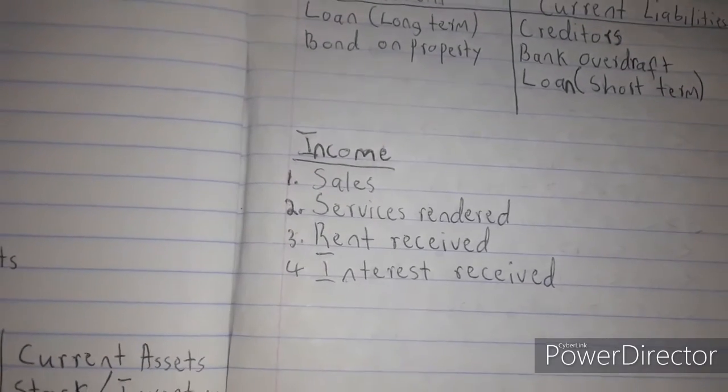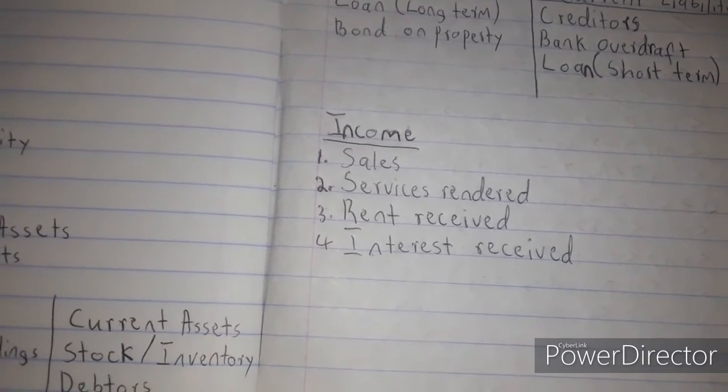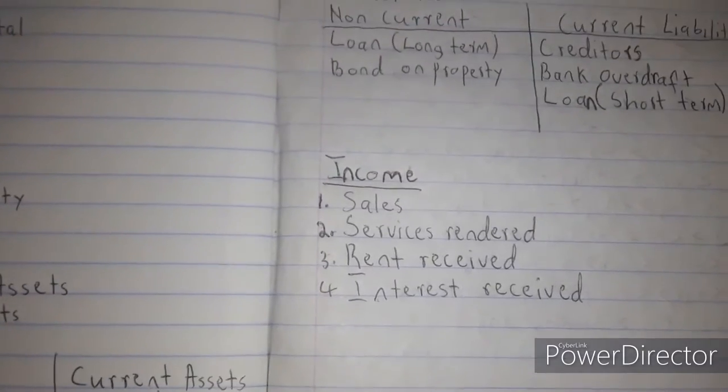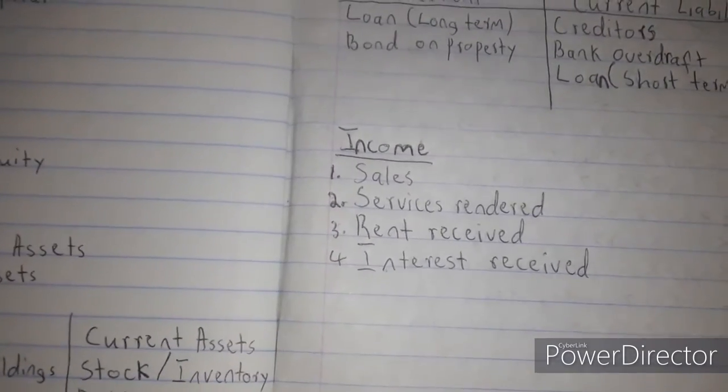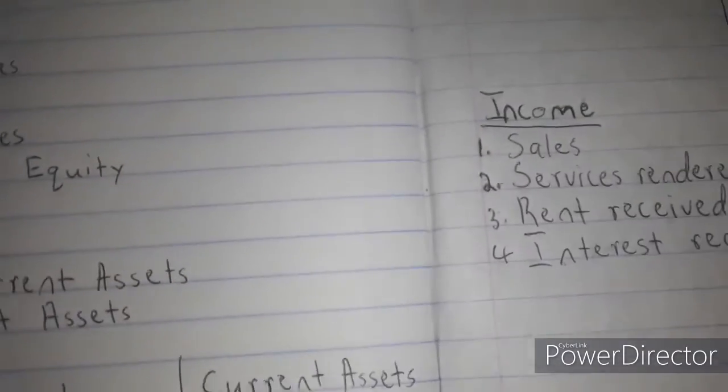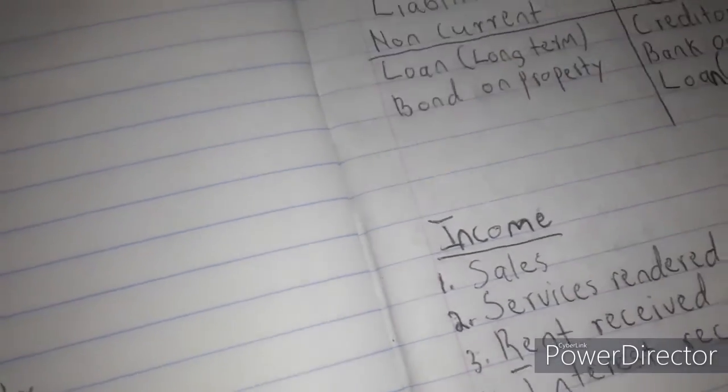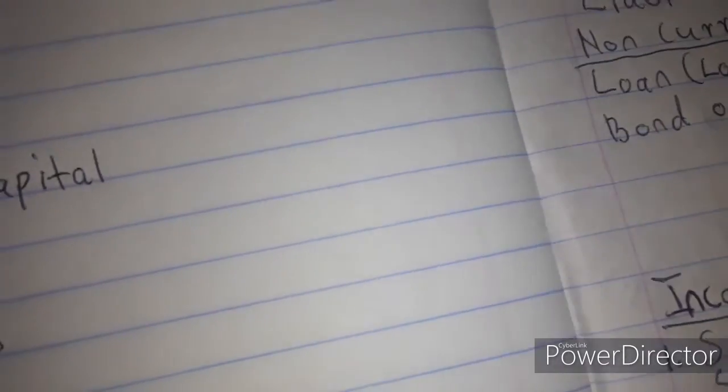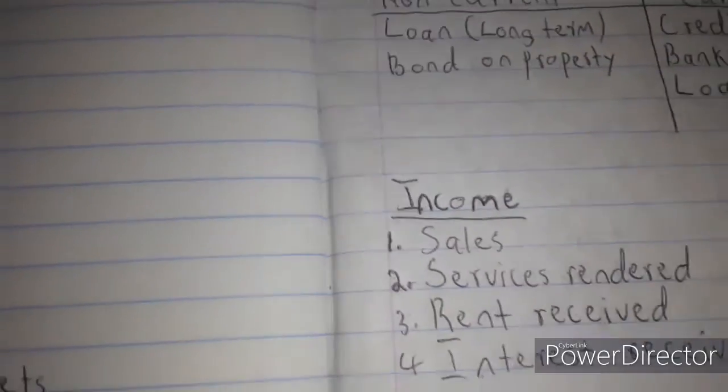Now they pay later, so they have to pay an interest because they didn't pay on the agreed date.